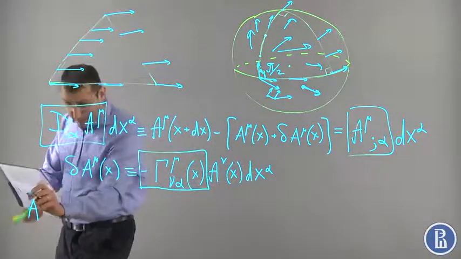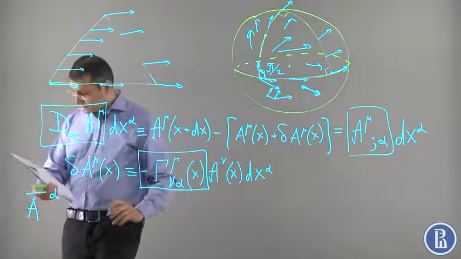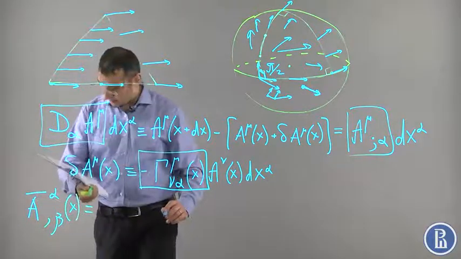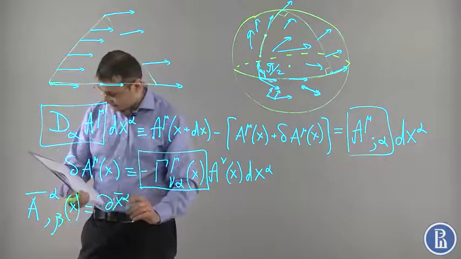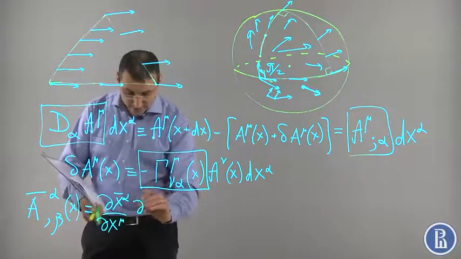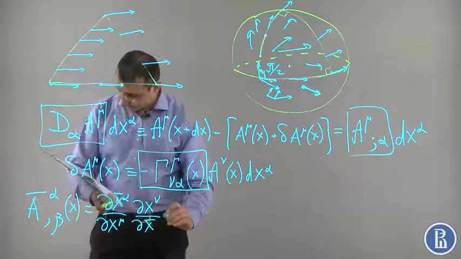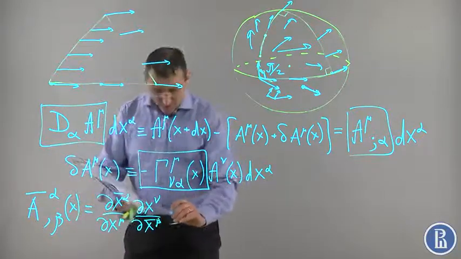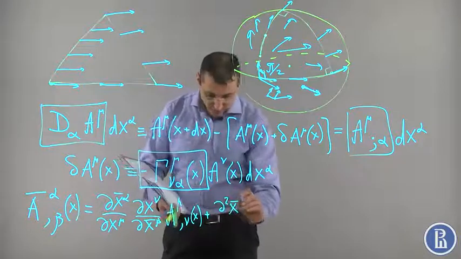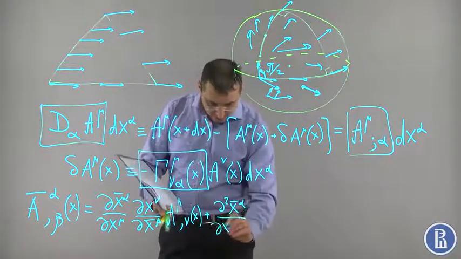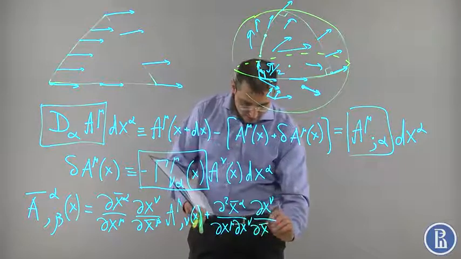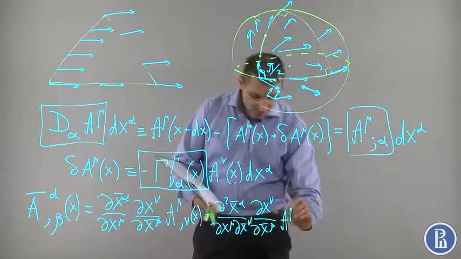I use that formula. Remember that our ordinary differential transforms under coordinate transformations as follows: dx bar alpha over dx mu, dx nu over dx bar beta, A mu comma nu of x, plus d2 x bar alpha over dx mu dx nu, dx nu over dx bar beta, times A mu of x.